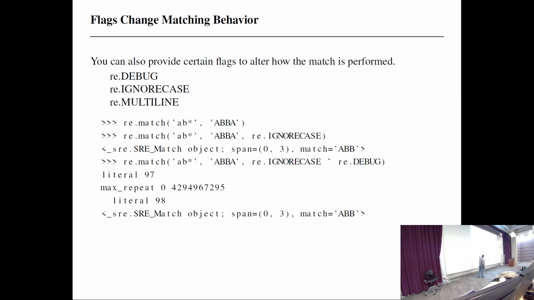This first thing I found is literal 97. Well, A is actually 97 in the ASCII character set. And it says, I'm looking for an A, then I'm looking for a 98, which is B, but I'm going to let it repeat between 0 and this many times. This is an internal limit. And then it returns my match.